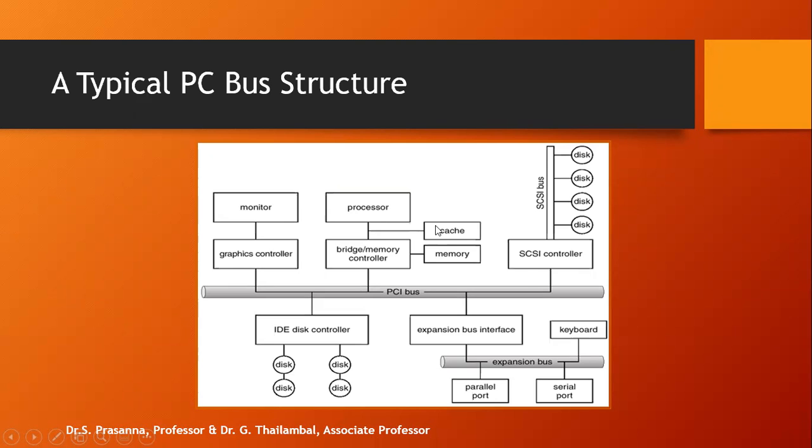You can have a cache memory, SCSI controller, that is a small devices controller with many disks, or you can even connect to an IDE disk controller, expansion bus interface, and keyboards with serial and parallel ports. So all the devices are connected to the PCI bus. You can also have an expansion bus, that is a sub bus, if you want to connect some more devices.